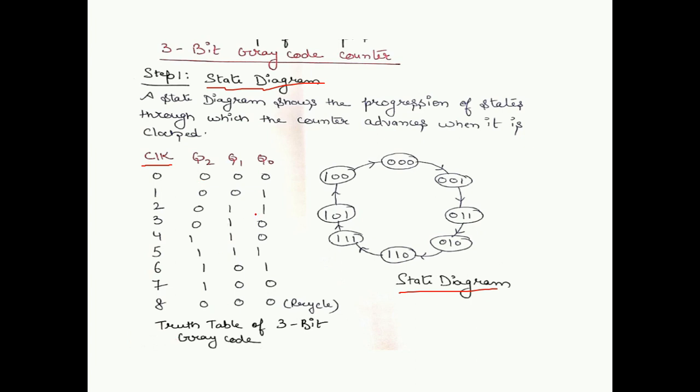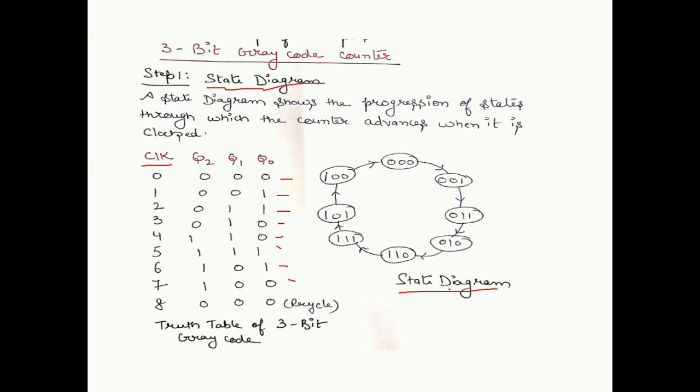Now I hope everyone remembers how to convert any binary number into gray code. So this is gray code of 0, gray code of 1, gray code of 2, gray code 3, 4, 5, 6, 7 and then recycle condition. Now state diagram.